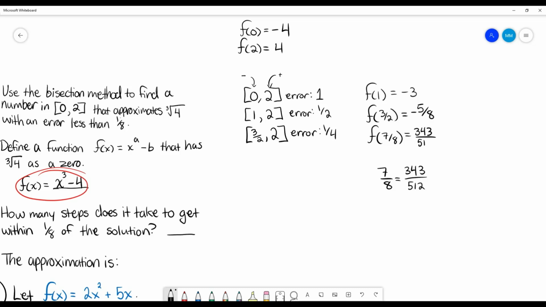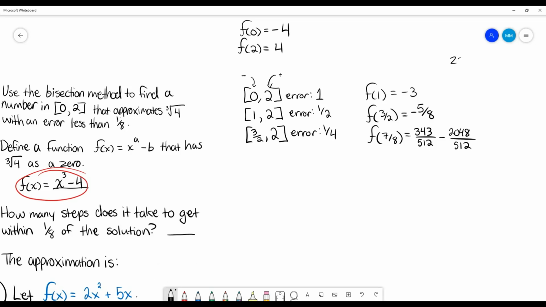So 343 over 512. And again, we're subtracting 4. That's going to be whatever this times 4 is, which is going to be 2048. Good Lord, glad we don't have to go much further.